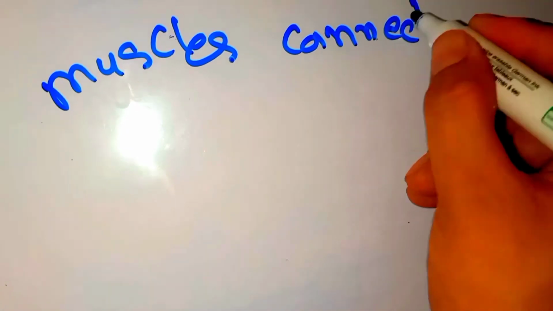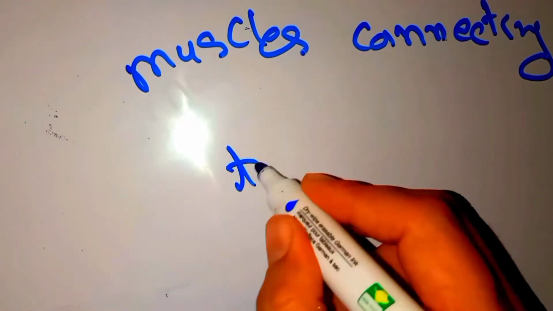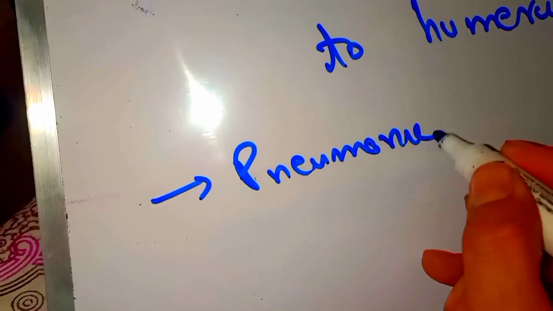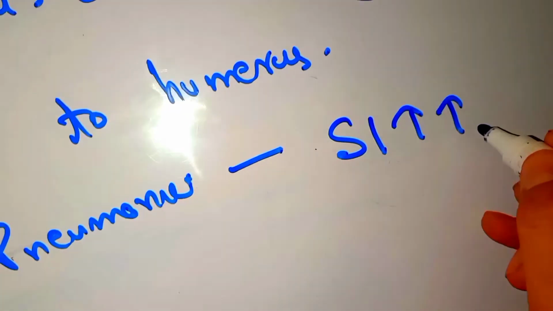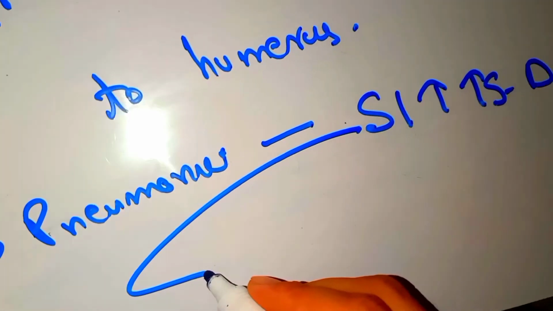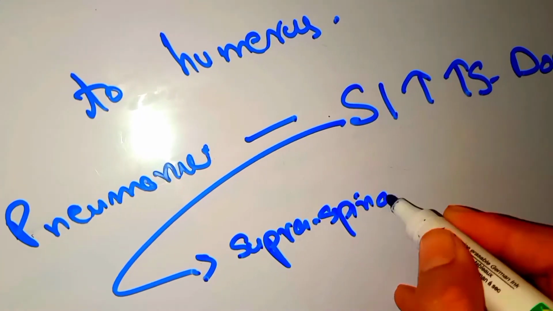Now I will show you how to remember the muscles connecting the scapula to the humerus. For this, I have also made a mnemonic: SITS and down. In the classes, you must be familiar with a teacher saying sit down. So S is for supraspinatus.